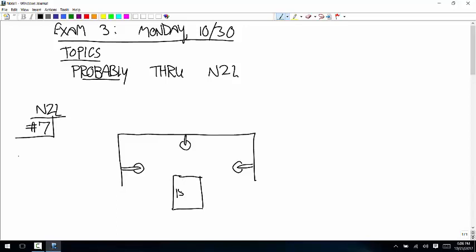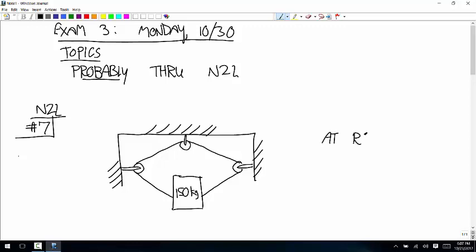But there's a 150 kilogram mass hanging from a single cable that's just strung through these pulleys like this. And it's at rest. And we want to figure out what are the 2 force vectors that the cable applies to the mass.